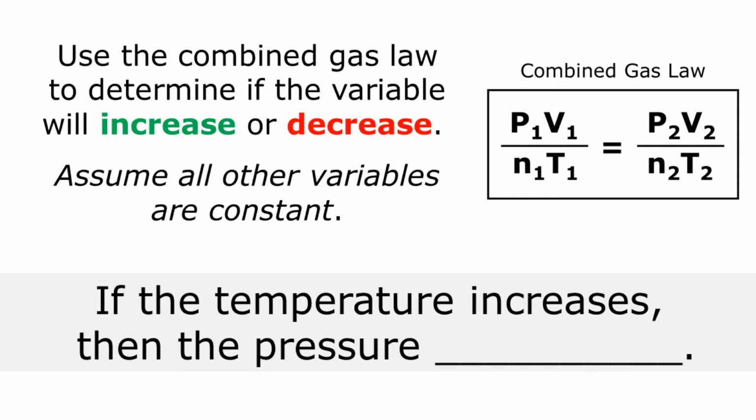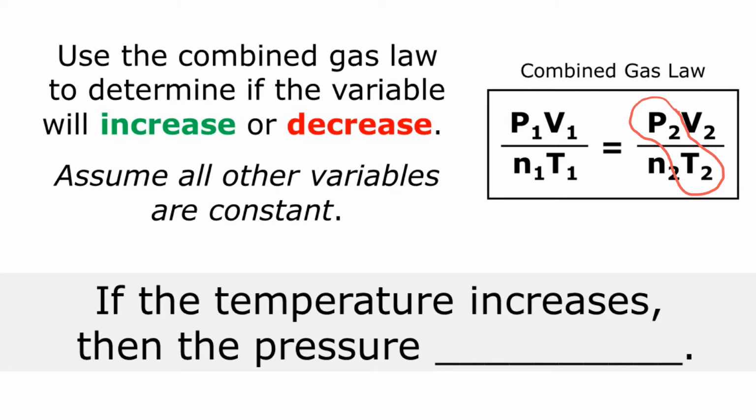So this first statement says, if the temperature increases, then the pressure blank, and we need to know whether it increases or decreases. So to do this, I just look at the combined gas law. And here I'm going to circle pressure and temperature. Those are the two things we're looking at. And I can see that they're on opposite sides of the line. Since they're on opposite sides of the line, that tells me that they're directly proportional.